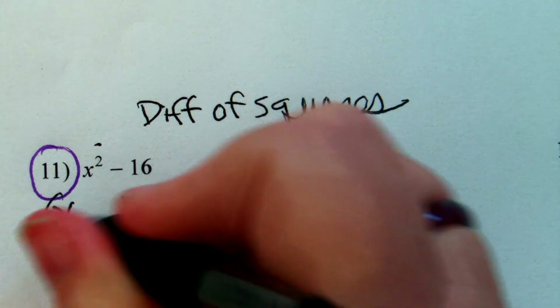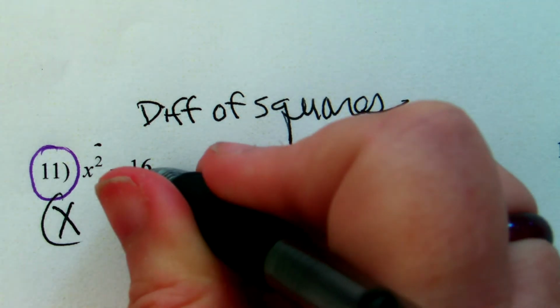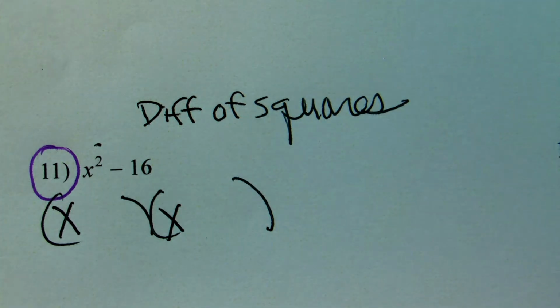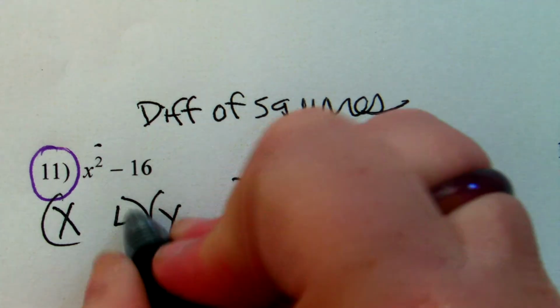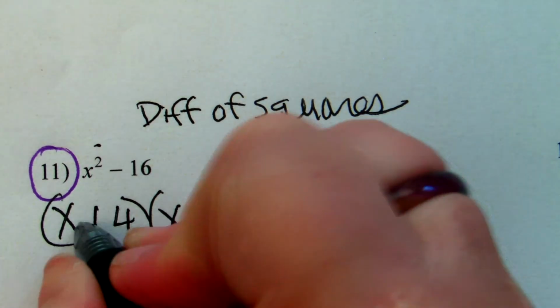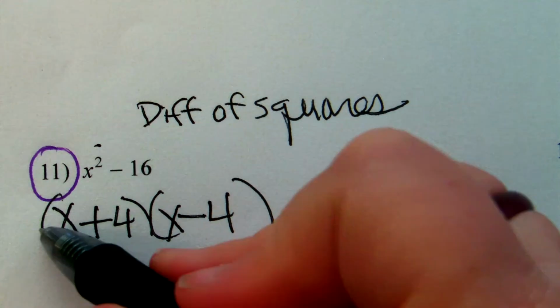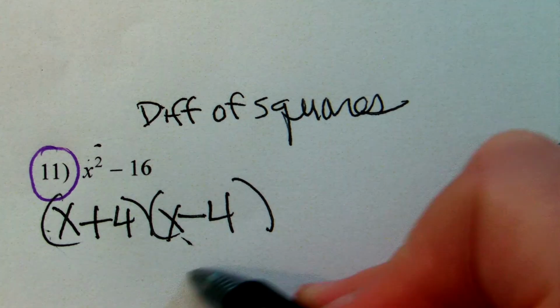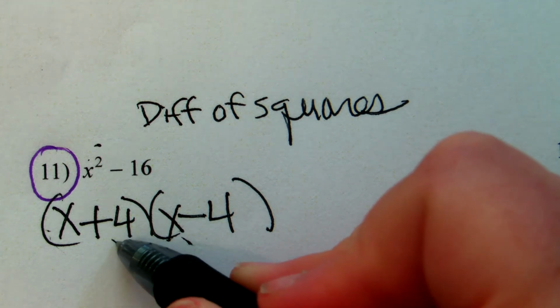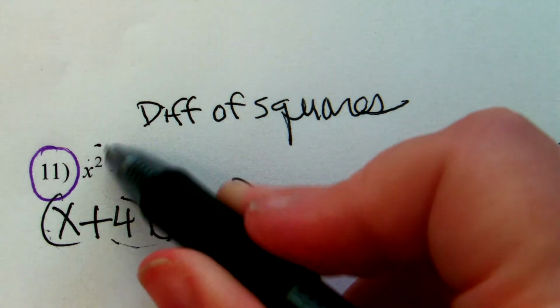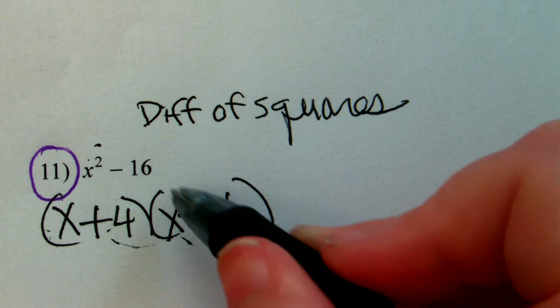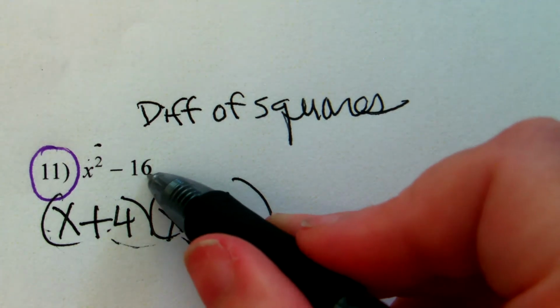X, right? 16 is what squared? 4. You can do 1 plus and 1 minus. X times x is x squared, minus 4x plus 4x. It cancels. That's why there's no middle term. And positive 4 times negative 4 is negative 16.